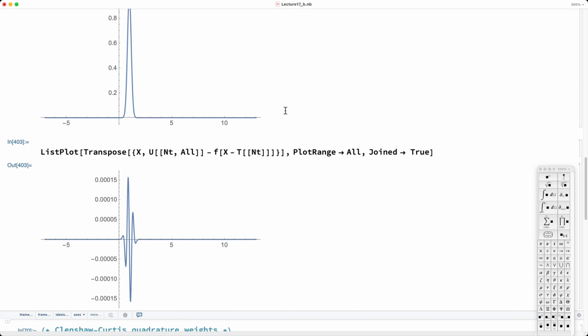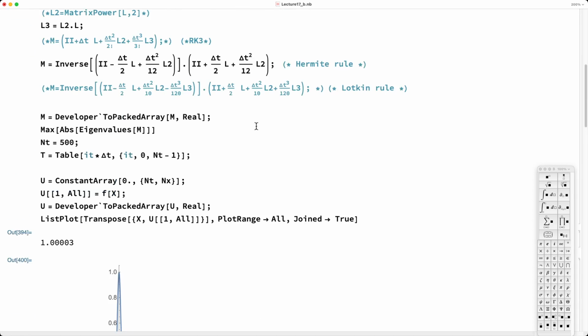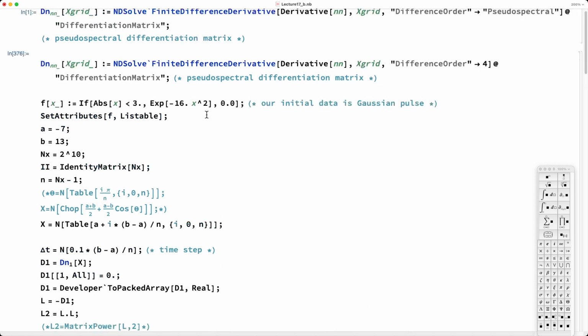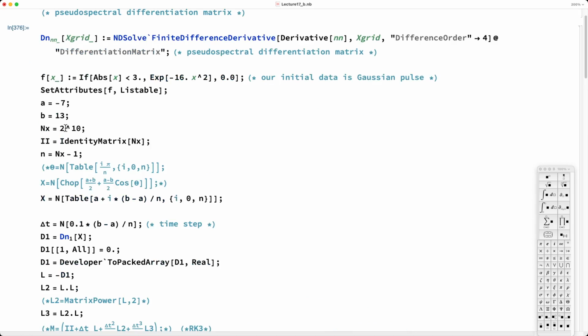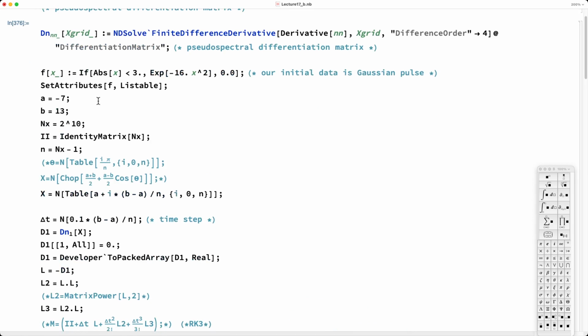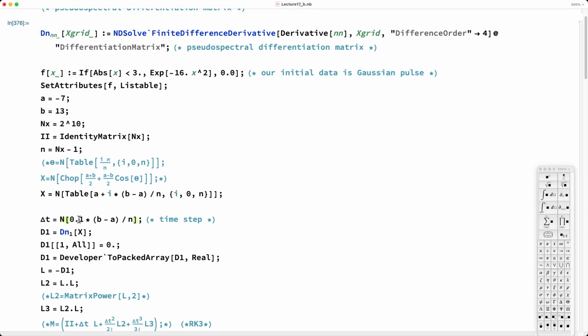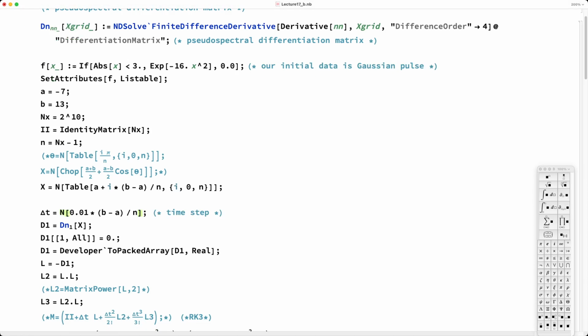So of course, it's highly recommended that you use pseudospectral methods if you can, if your problems are smooth. Otherwise, if you have to use finite difference methods, I recommend you use many more spatial grid points. Let's try an even smaller number here.